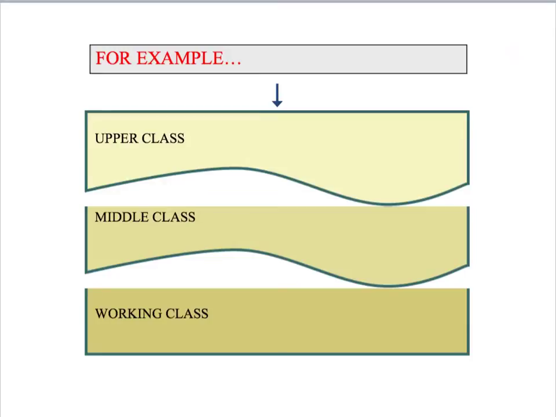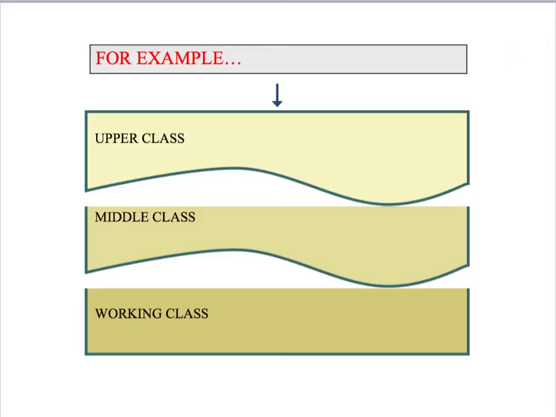An example of a form of social stratification would be one based on social class. Social class is a really important concept in sociology. Social class describes a group of people who share roughly the same economic status within society. In other words, it's a group of people who share roughly the same standard of living.